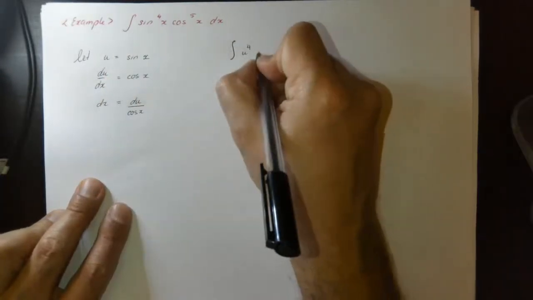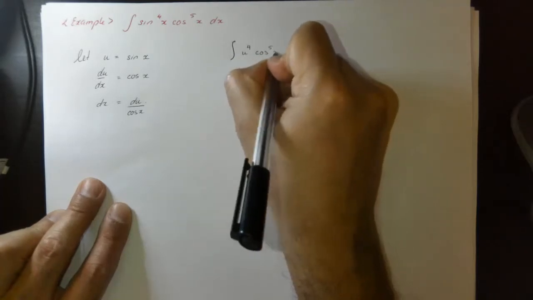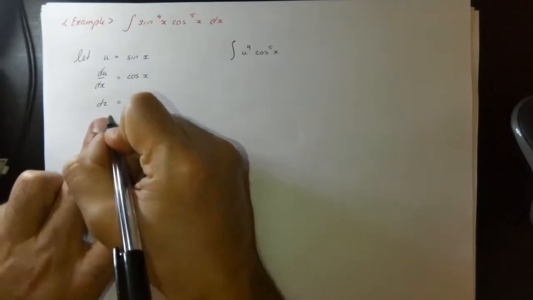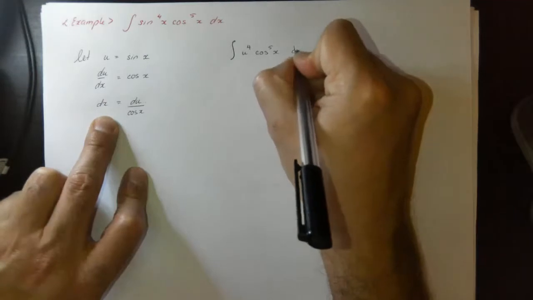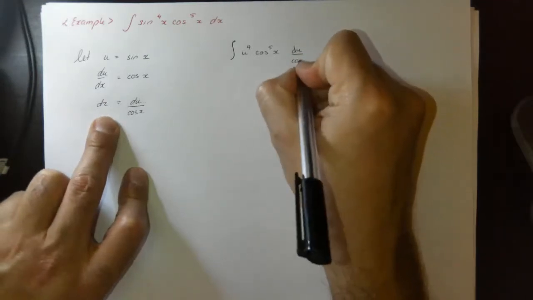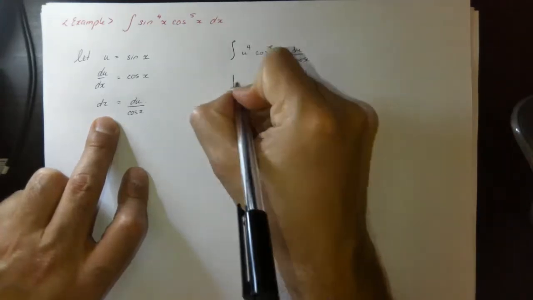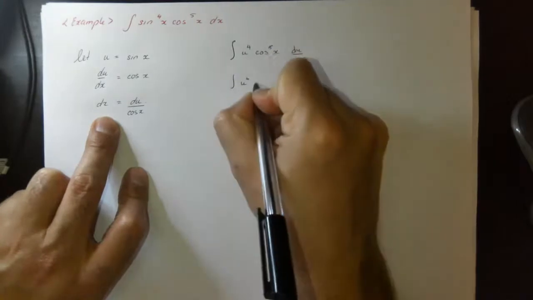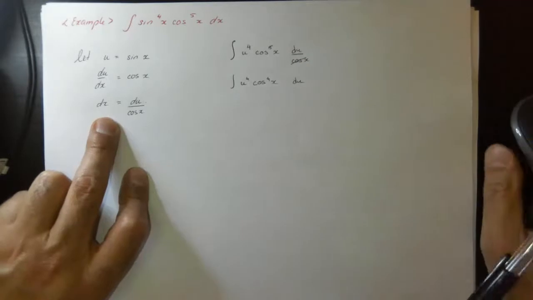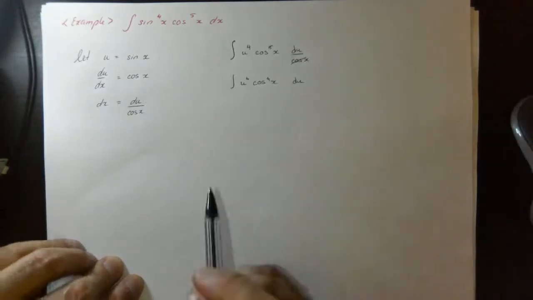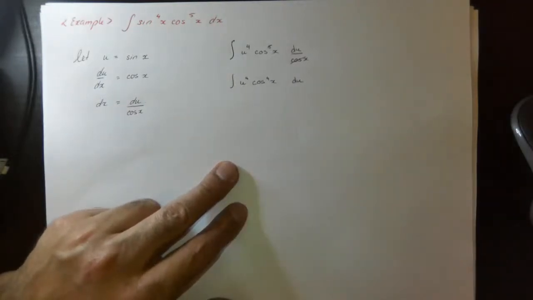So this will be cos 5x dx equals du on cos x, which cancels one of those. So now we're trying to get rid of cos 4x.